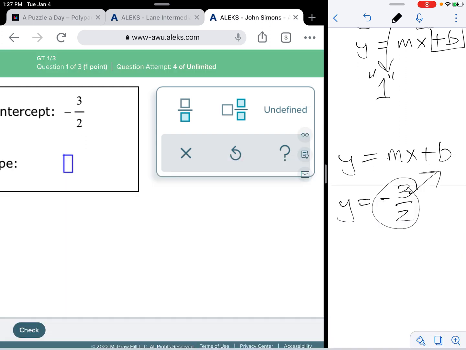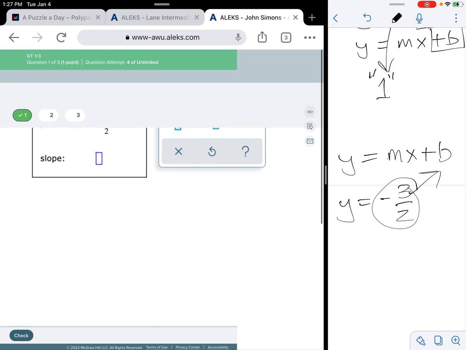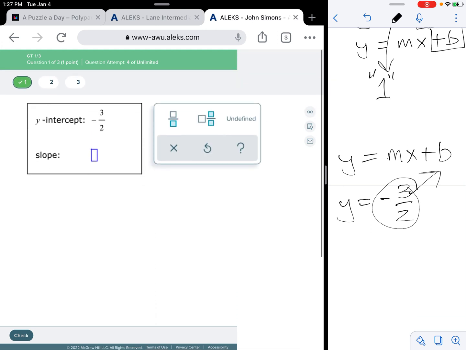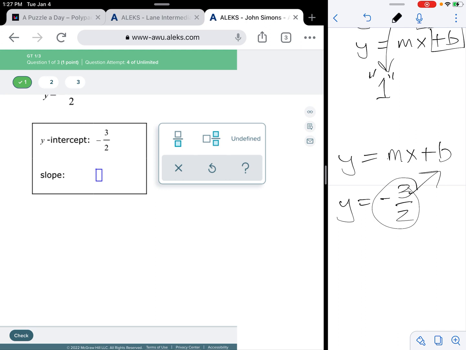Well, that's nice, but I kind of need to know what my slope is, right? Well, the problem is I'm not going to be able to find out what my slope is because there's not an x term there for me to look and see what the number in front of it is. So what I want you to think about is if you have a slope of 0, if you put 0 in, and that's multiplying by x, what happens to that whole term?